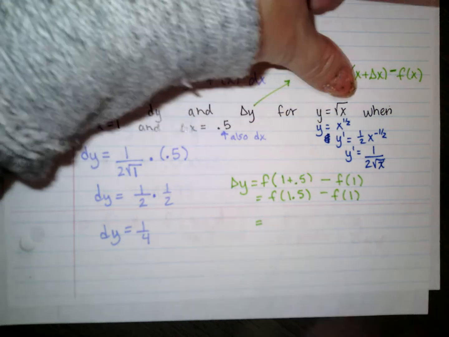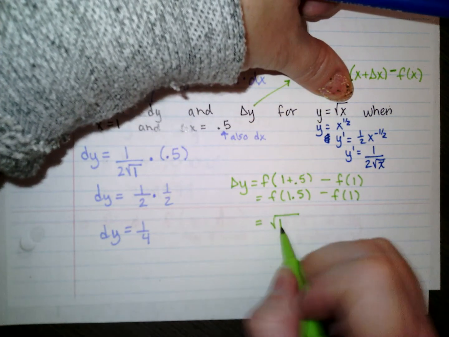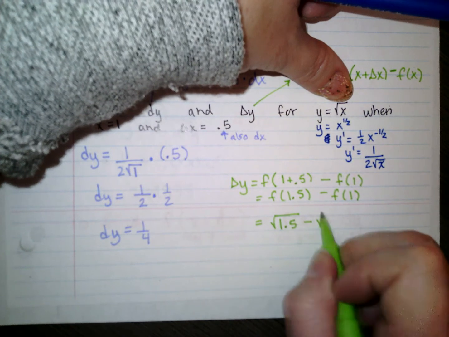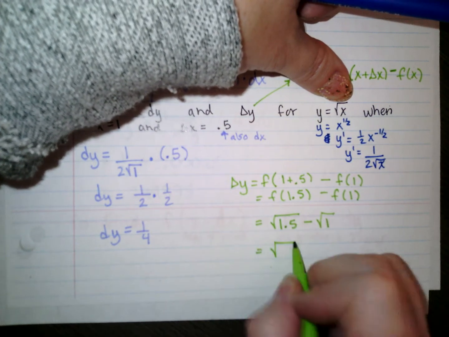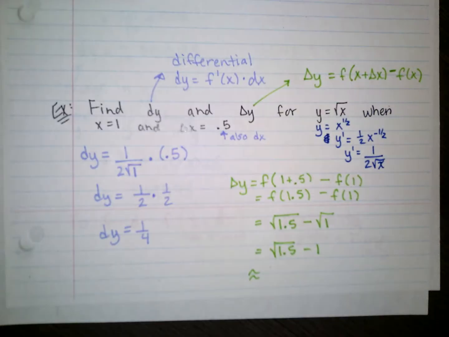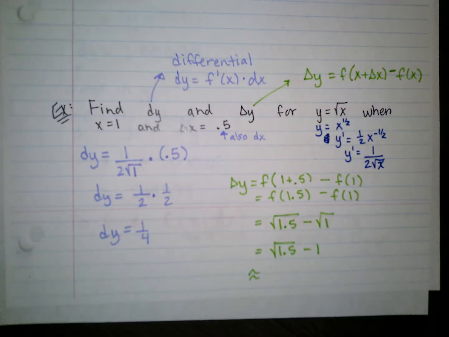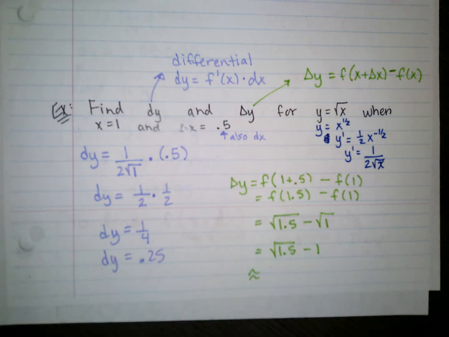Since f of x is the square root of x, we would have the square root of 1.5 minus the square root of 1, which is basically the square root of 1.5 minus 1. So let's look at what that is approximately. I know dy as a decimal is 0.25.